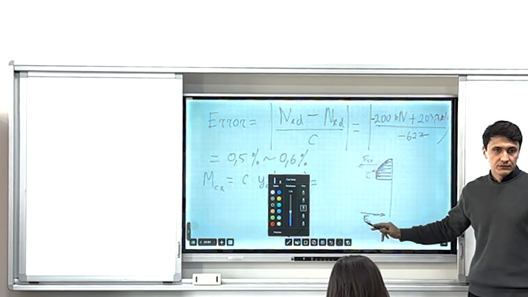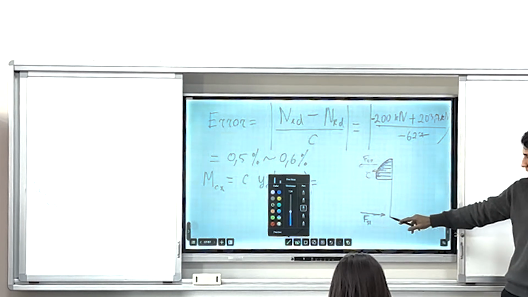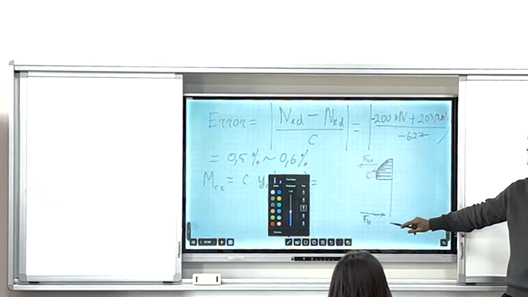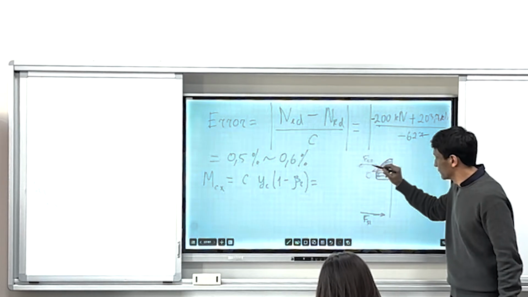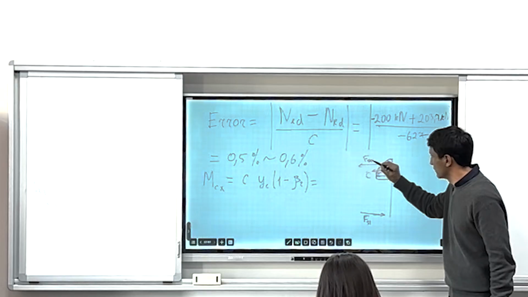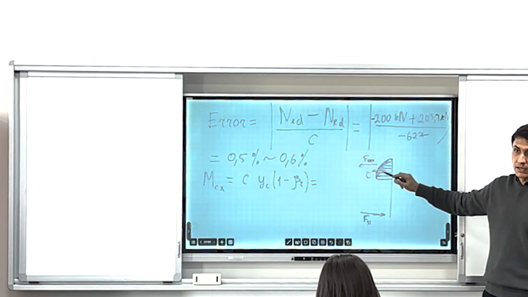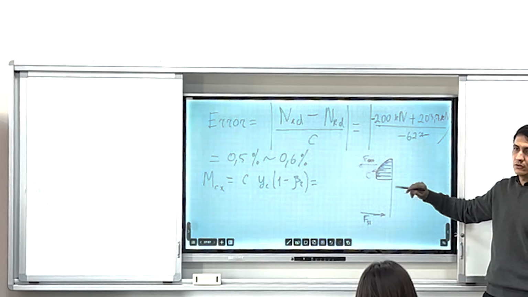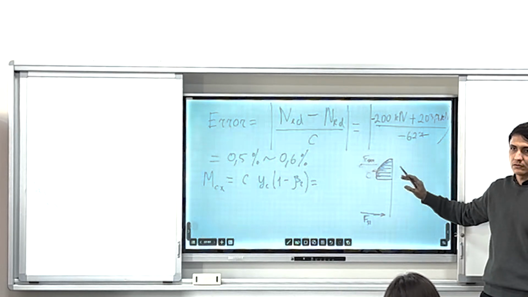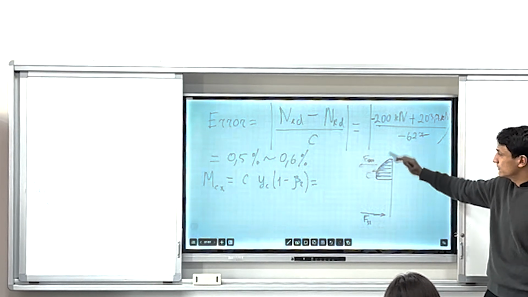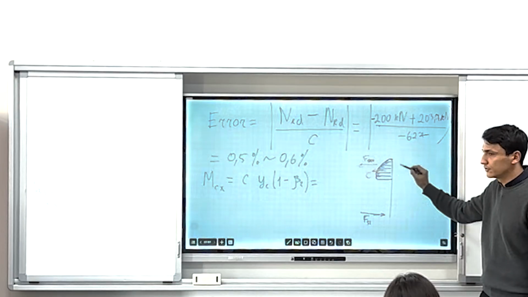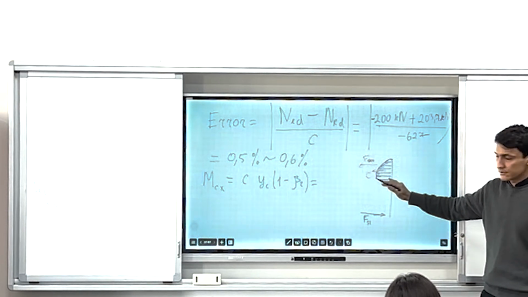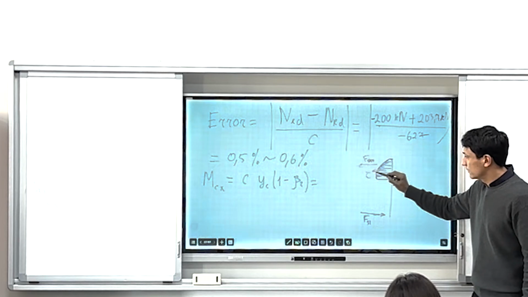You know that Fs1 is a concentrated force, right? Because it's coming from the rebar. You know also Fs2 is concentrated. But the force coming from the concrete is not concentrated, it's distributed. And you don't know if it's uniformly distributed or not. At the first assumption, we assumed that it's uniformly distributed. Now we are looking for the real case, and it is not really uniformly distributed.